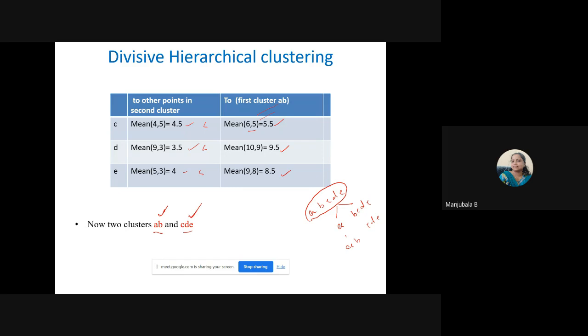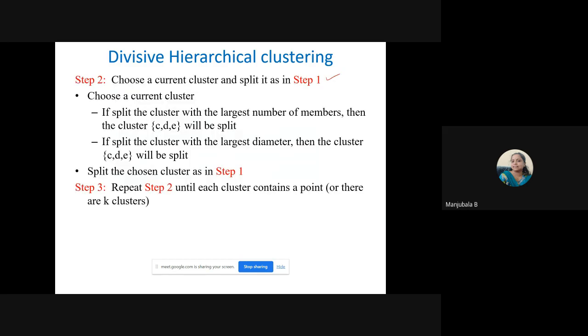So which cluster do we have to consider first, AB or CDE? Generally, we split the cluster with the largest number of members first. So in this scenario, CDE will be considered first for partition. Or you can split the cluster with the largest diameter, or the maximum number of points. So CDE will be considered.